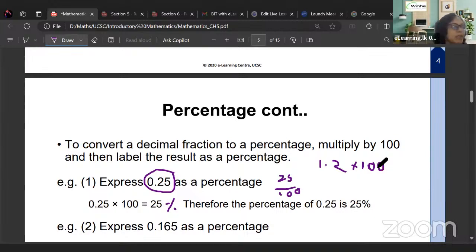When you multiply 1.2, as I said before, first multiply as if there is no decimal point. So here the number is 12, and multiplying by 100 gives 1200. Now how many decimal places are here? Only one. So we count one place from the end of the number, and we get 120, right?